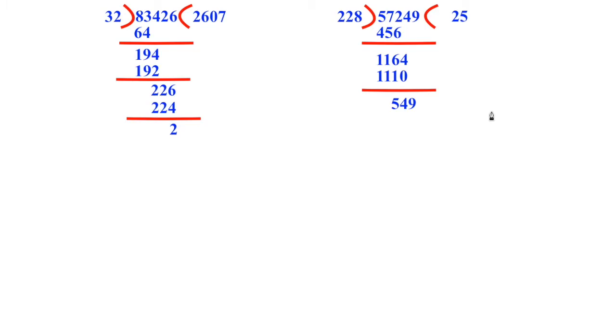228 times 3 won't go, like I said earlier. It will go 2 only. What is 228 into 2? 456. That is readily available. Again we require this line. Take this line, place it here. Let's subtract 456 from 549.